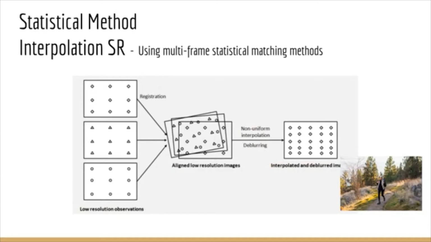This method is used a lot by astrophotographers who have stars to align. A constellation, I hope everyone knows what a constellation is, is a particular arrangement of stars that is not going to change its geometry.